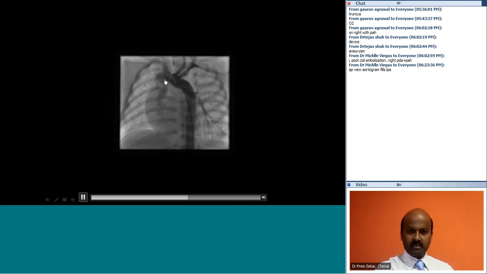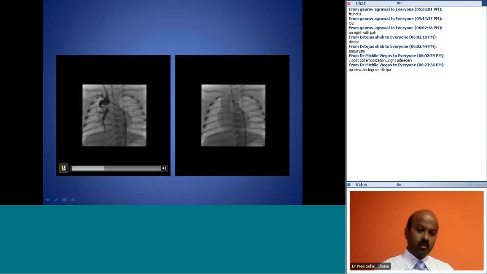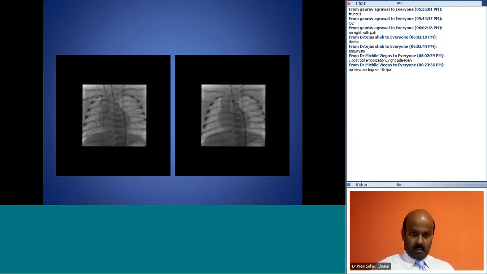So let's move on to the next one. So this is the same child where a selective injection is done into the structure perfusing the right pulmonary artery. Now what would this be?